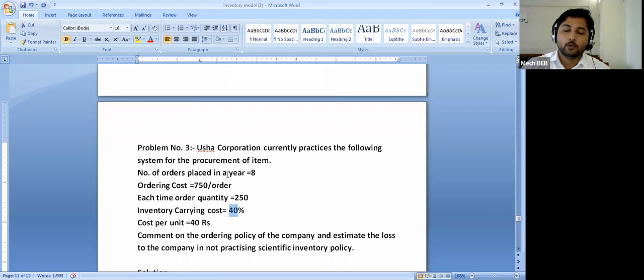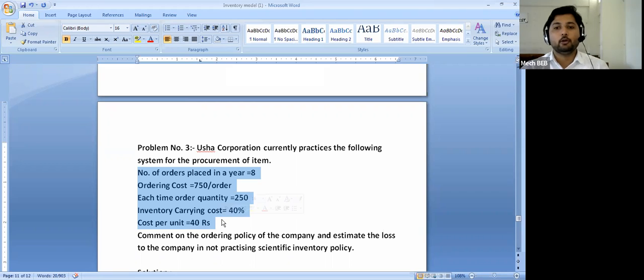This is the value for the economic order quantity, but this company is not following that economic order quantity, or not practicing scientific inventory policies. The company is following its own practice. So while following this practice, how much total annual cost is there for the company, that we need to determine.